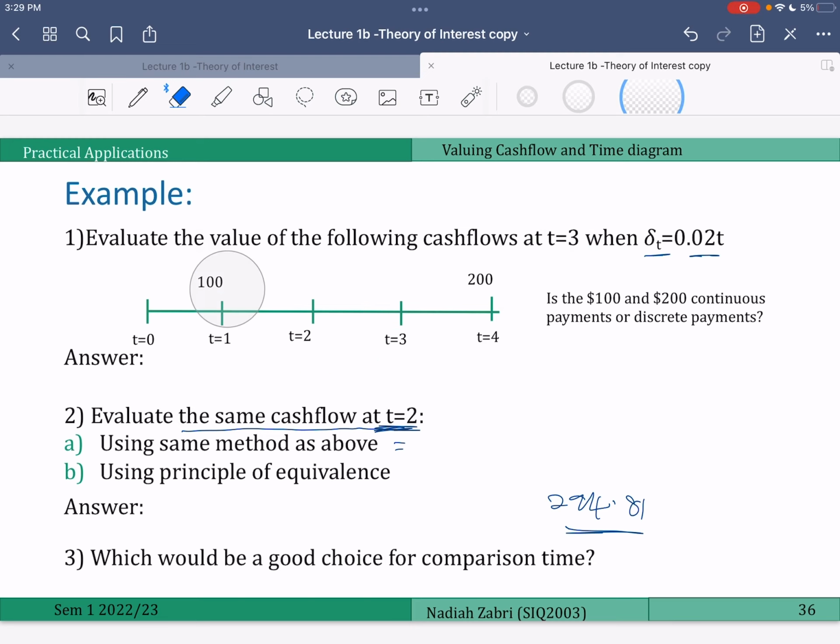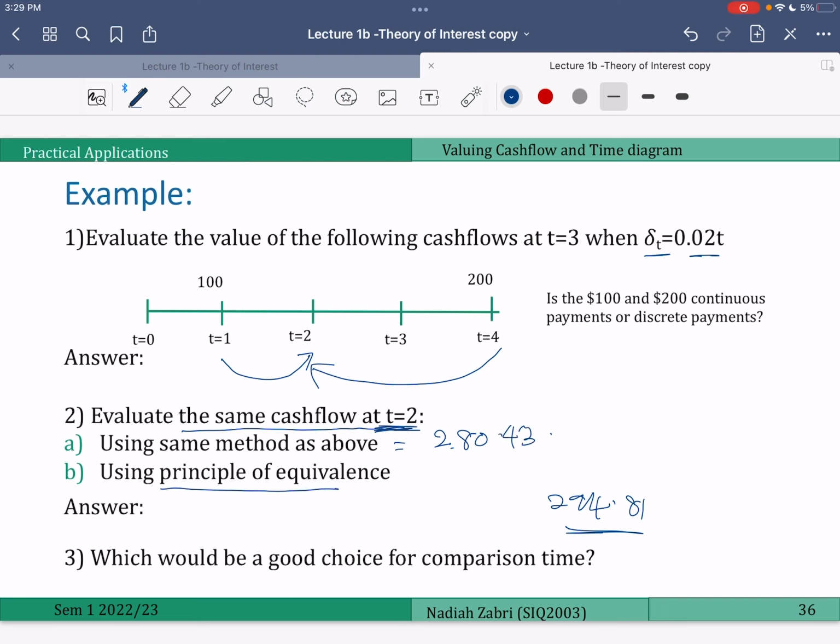Now you are accumulating for 1 year, and for this one you are discounting for 2 years. When you do the same as above, the answer will be 280.53.